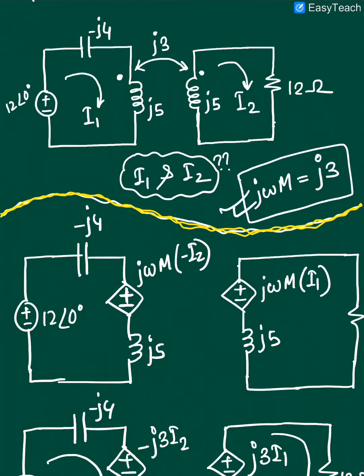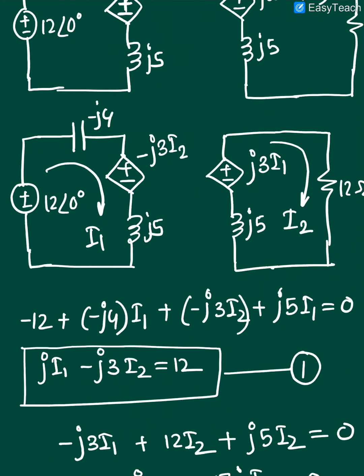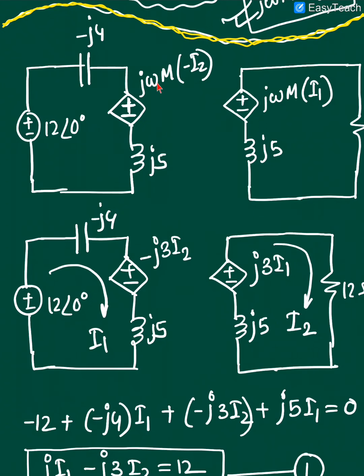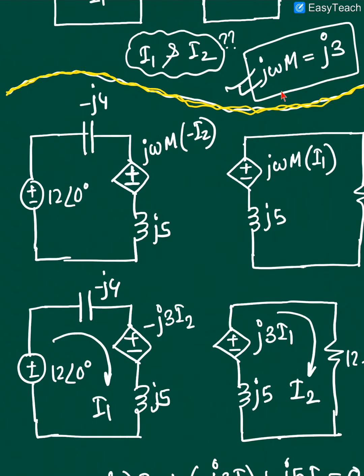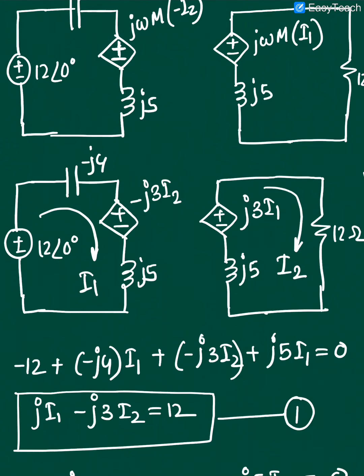Now you have all the parameters. Now you have to apply KVL. You know the value of j omega M is j3, so just replace this particular value.